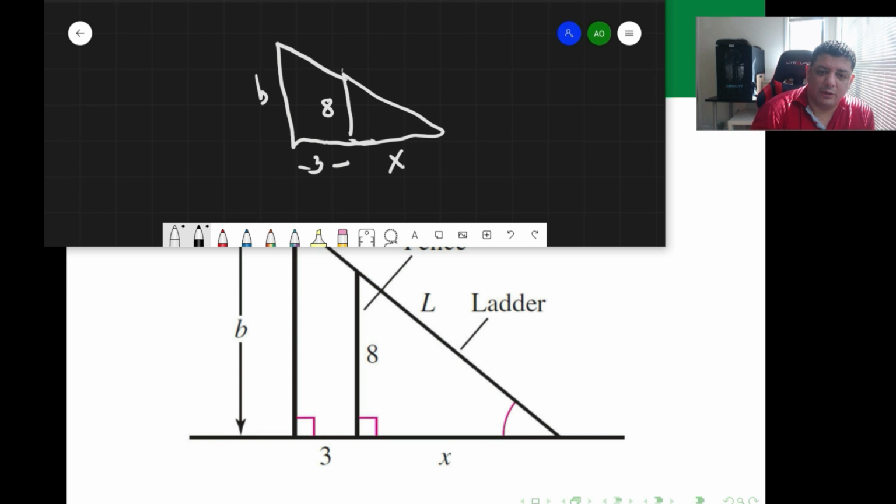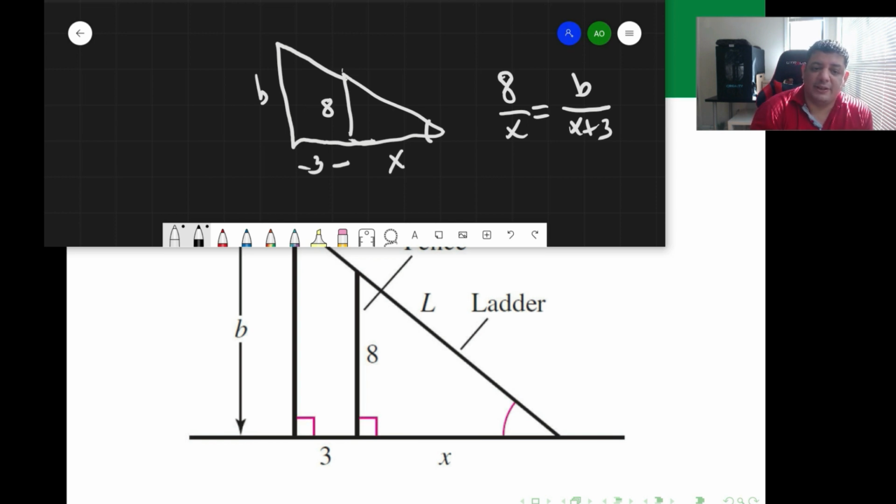So we can say this side over this side, 8 over X, is going to be the same as B over X plus 3. Notice it is always the opposite side over the adjacent side, and since it's the same angle, this is the tangent.